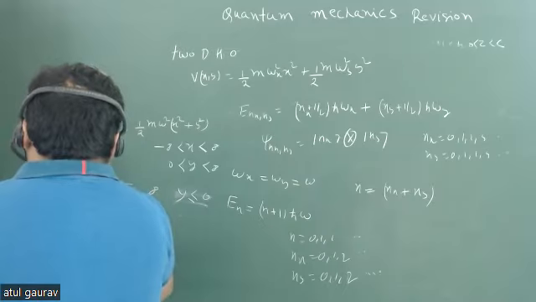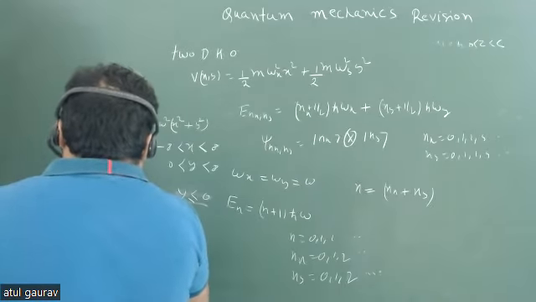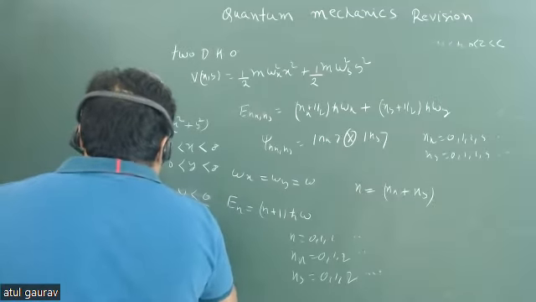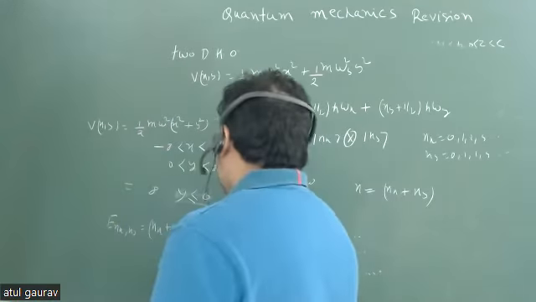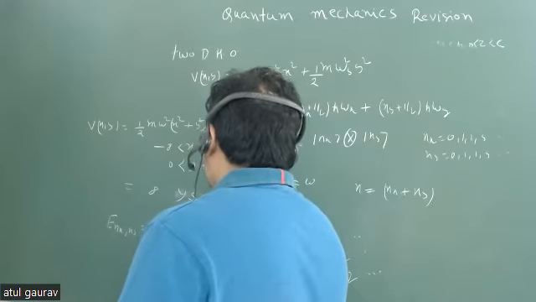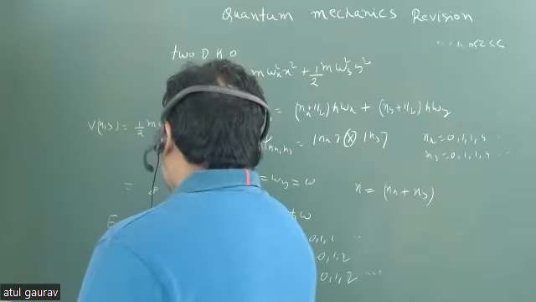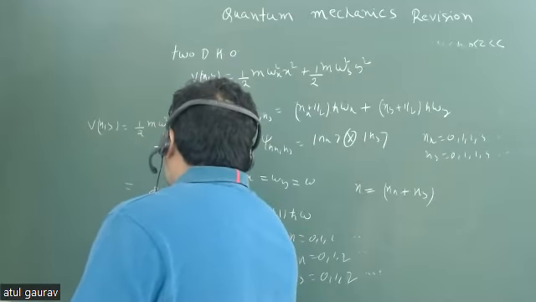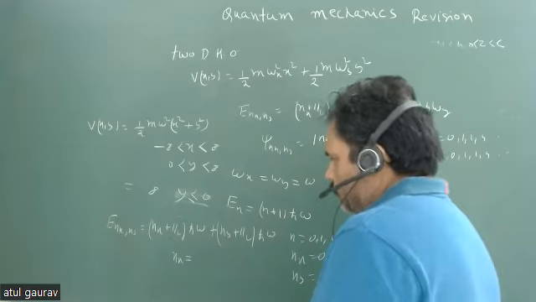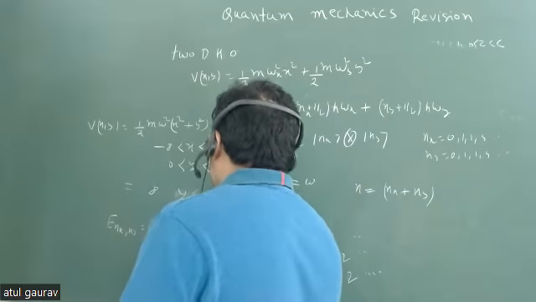So here you have E(nx,ny) equal to (nx plus half) h-cut omega, because omega is the same for both, plus (ny plus half) h-cut omega, but the quantum numbers are very interesting. What are the values of nx? 0, 1, 2, 3, and so on.